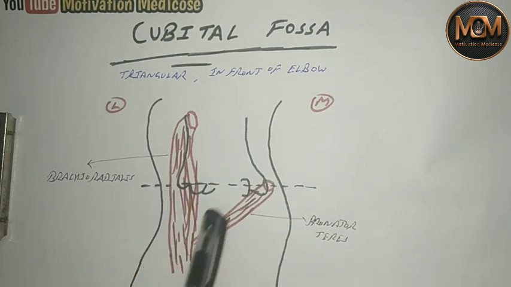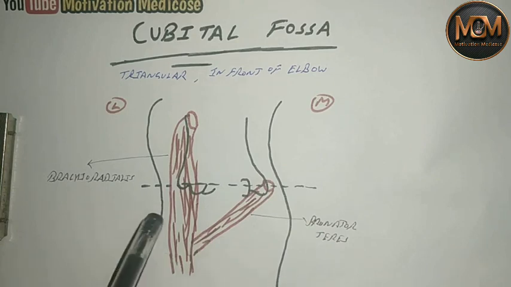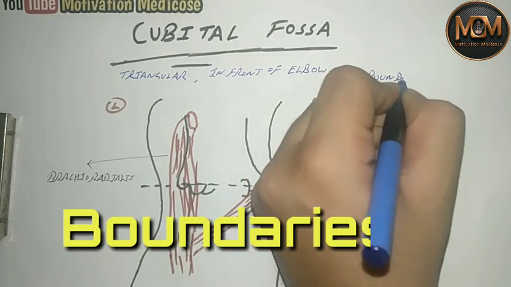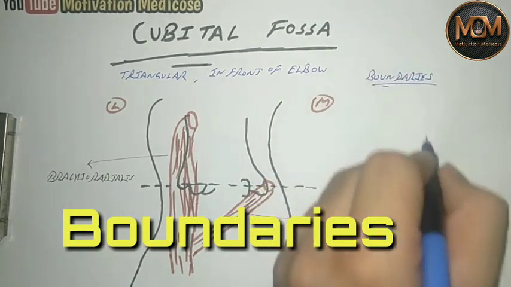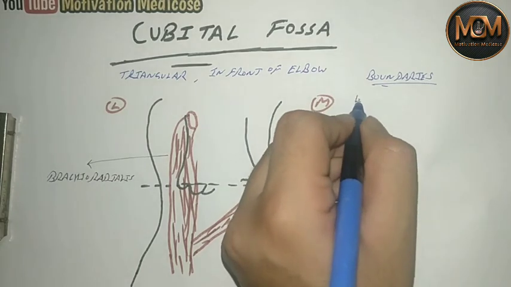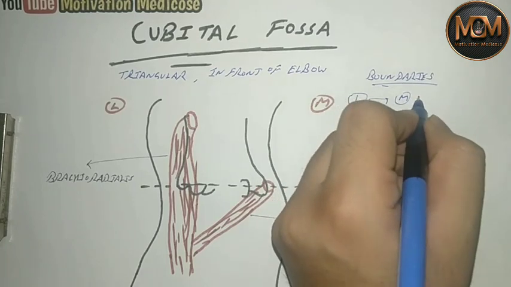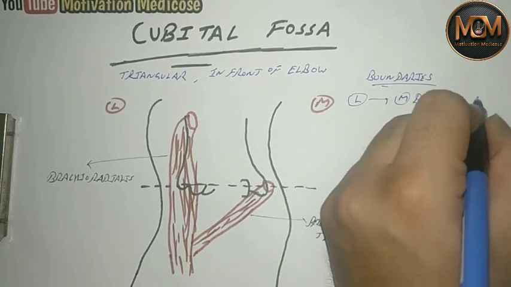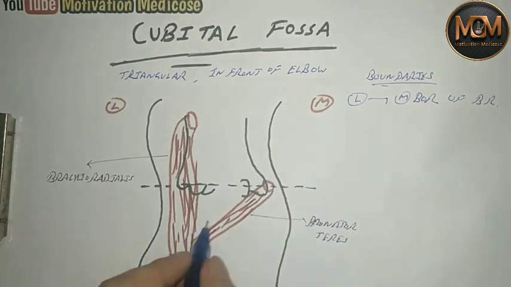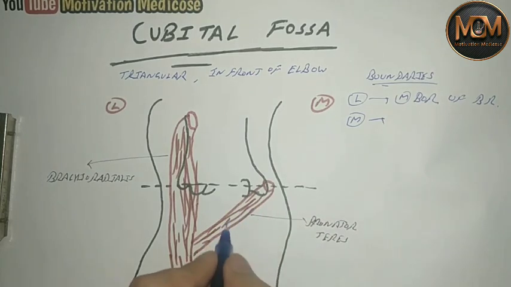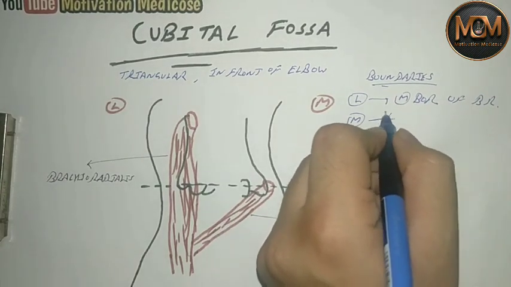This is the base and these are the two muscles. So if we see the boundaries, on the lateral side it is the medial border of brachioradialis, while on the medial side it is the lateral border of pronator teres.